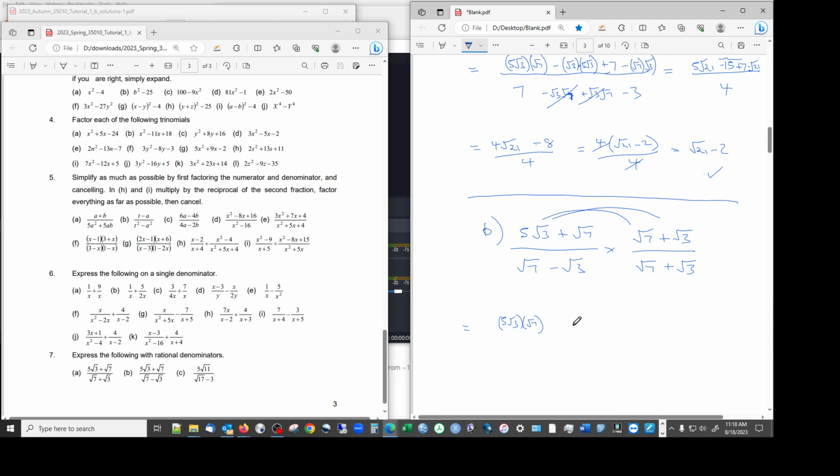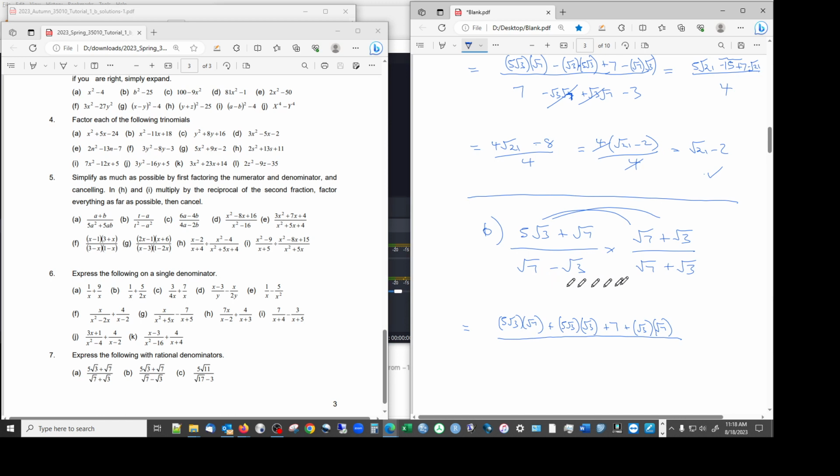So we've got 5 root 3 times root 3. Then the next one is root 7 squared, which is just 7. And root 7 times root 3. So that's our numerator. We'll get to the numbers of that.